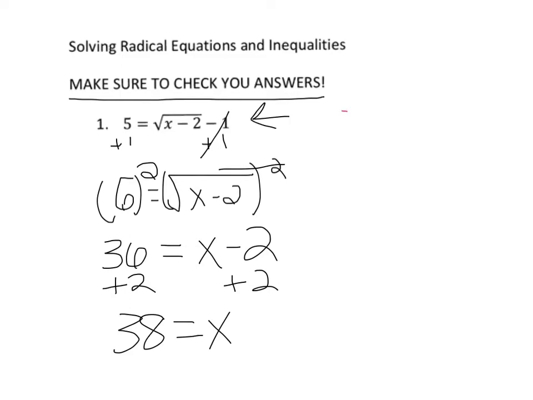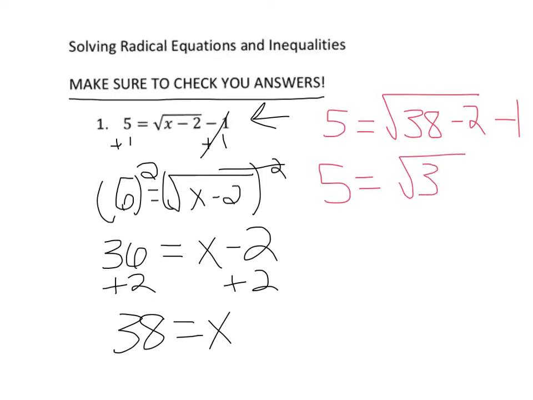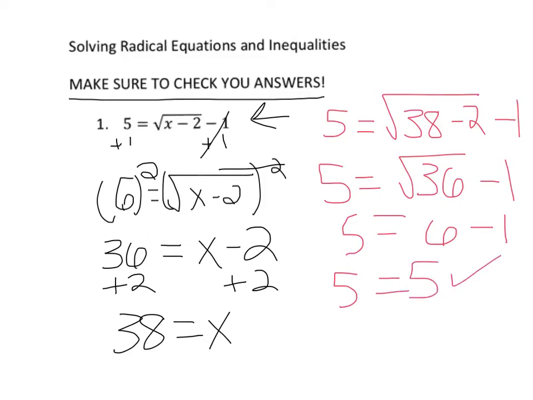So we have 5 equals the square root of x, which is now 38, is what we found, minus 2, minus 1. 5 equals 38 minus 2 is 36, still at minus 1. The square root of 36 is 6 minus 1. So we have 5 equals 6 minus 1, which is 5. So since it checks out, we know that 38 is actually our answer.